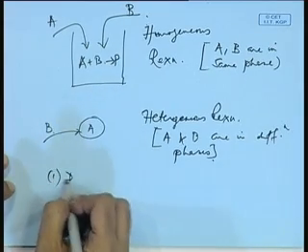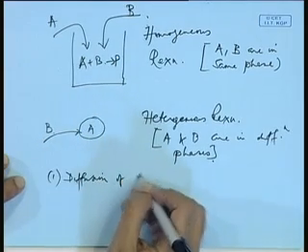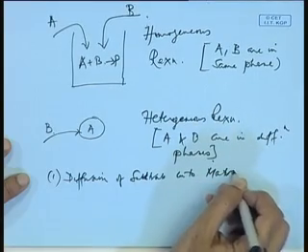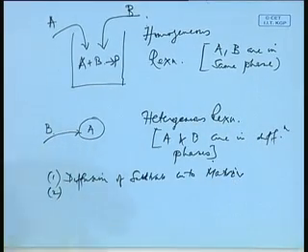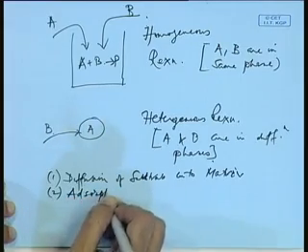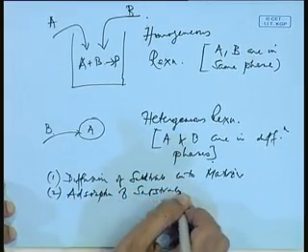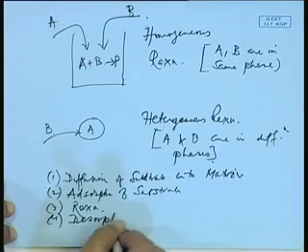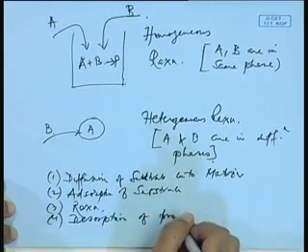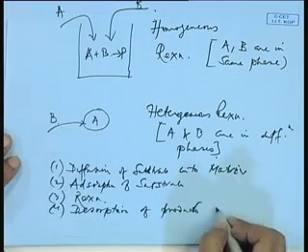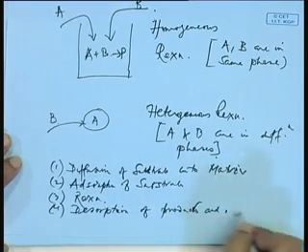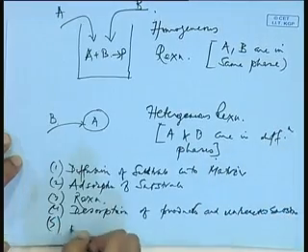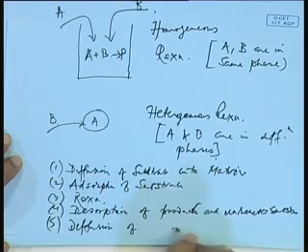The processes in the heterogeneous case are diffusion of substrate into the matrix, followed by adsorption of substrates, followed by reaction, followed by desorption of products and unreacted substrates, and then diffusion of products and unreacted substrates.